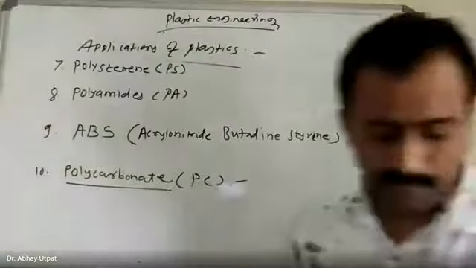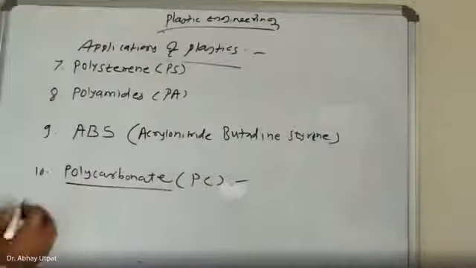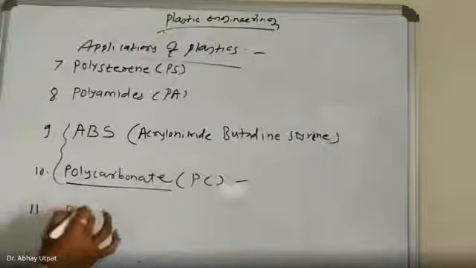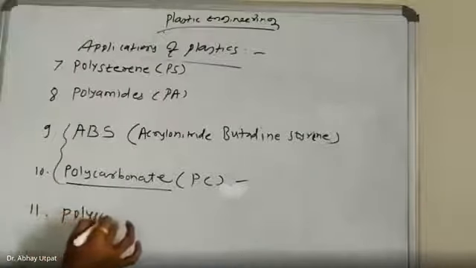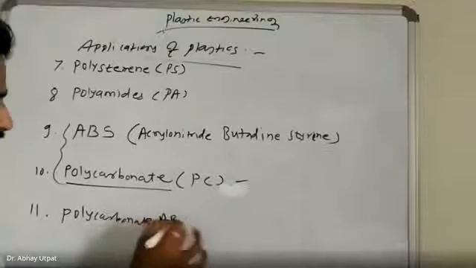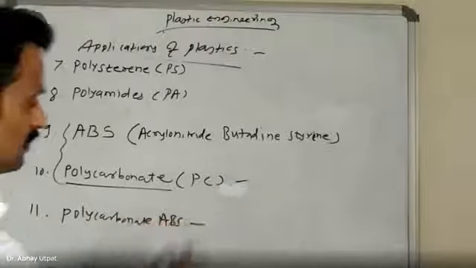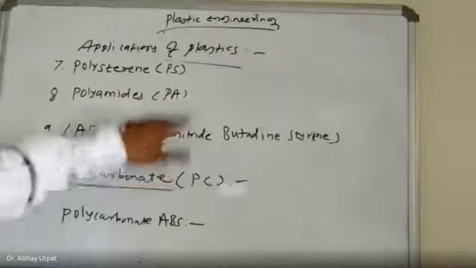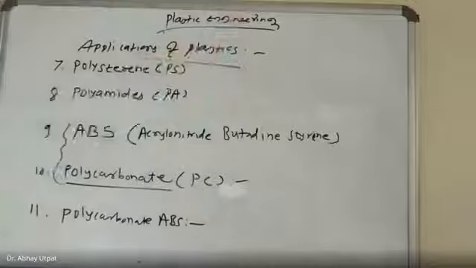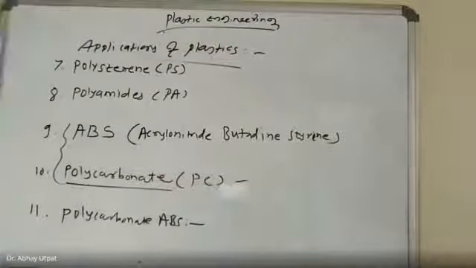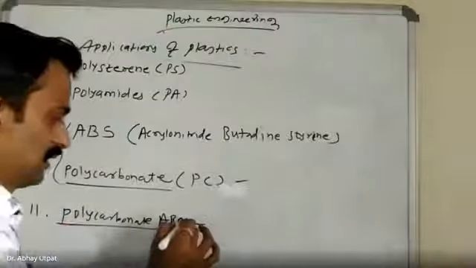And if you combine this with ABS, it will be polycarbonate acrylonitrile butadiene styrene. This gives good quality and combines the qualities of both.